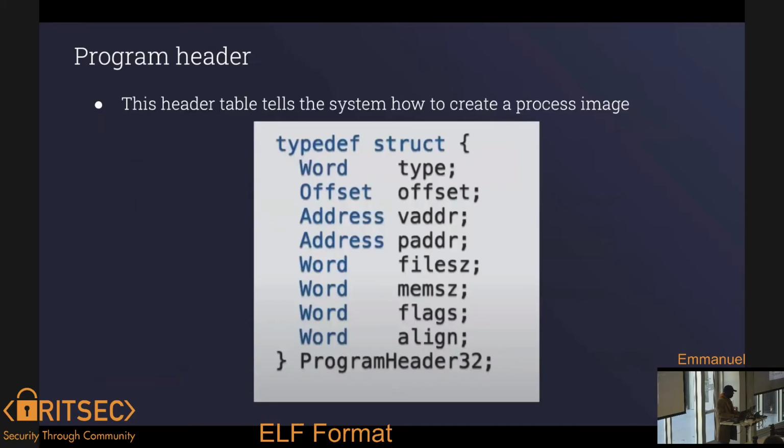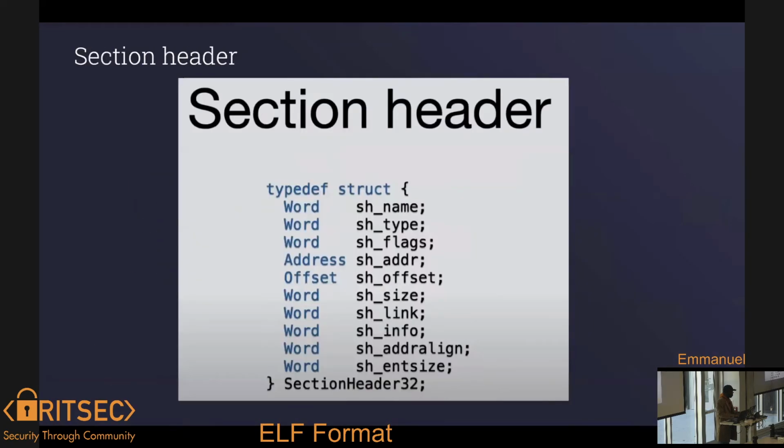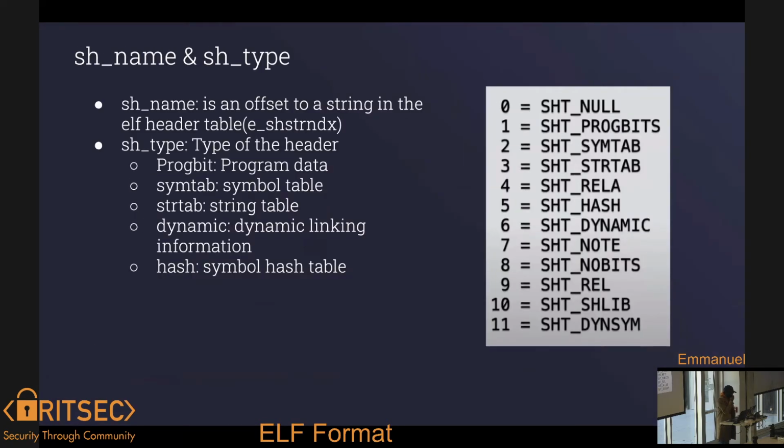So I'm just going to go back again. Oh, okay. Yeah, like I said, it points to the offset to the string in the ELF header table. The next one, again, type. There are always different types. These are some of the types of section headers, and some of what they mean is the proc bit.